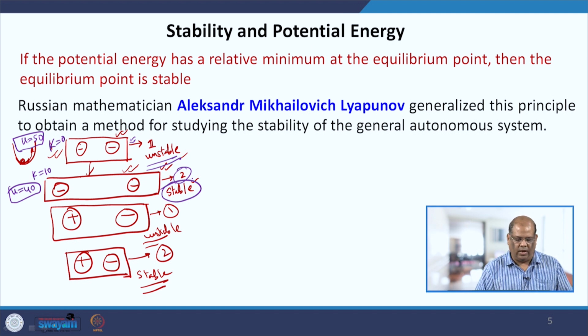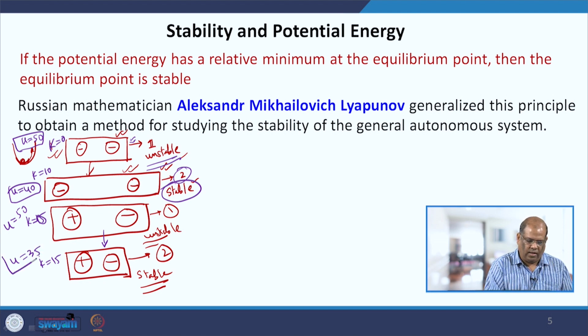The same thing is here: from here to here I have moved this frame. So, there is a kinetic energy, say that kinetic energy is 15. From moving to here, initially it was 0, here it was 15, and U I take to be again 50. So, here U will be 35.